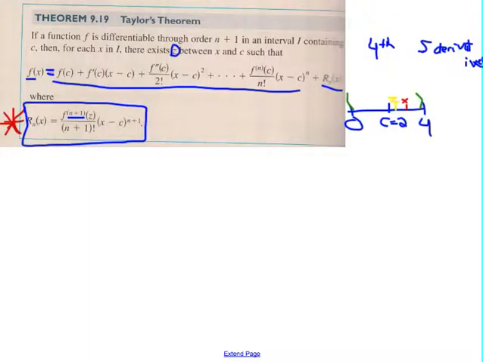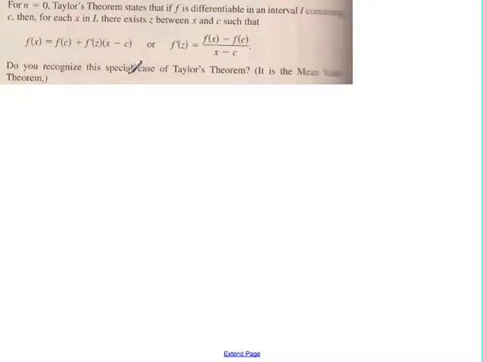Okay? All right. One thing I thought was nice was this little snippet. So it says for n equals 0, what if you're just considering a 0-order Taylor polynomial approximation? This theorem, the Lagrange error-bound Taylor's theorem, is widely applicable, but I thought this was a neat use of it.